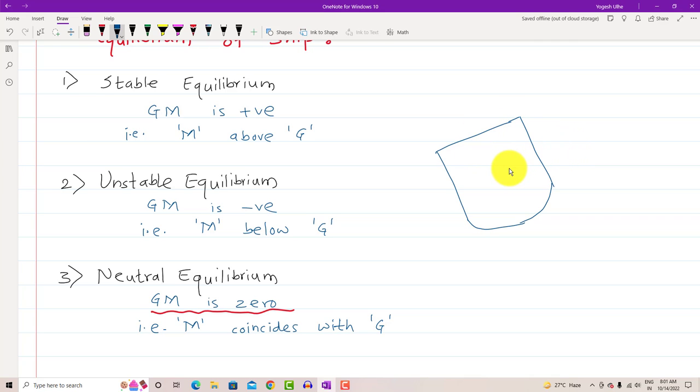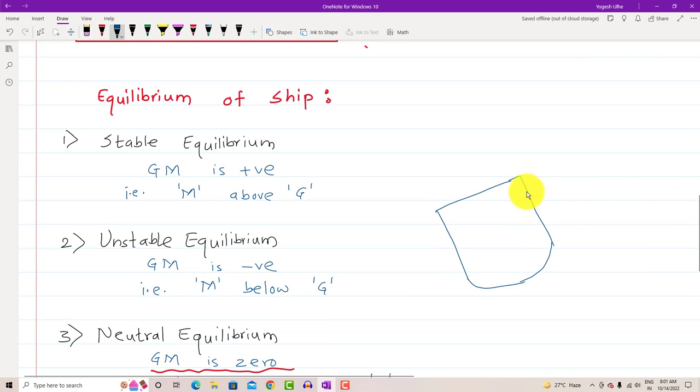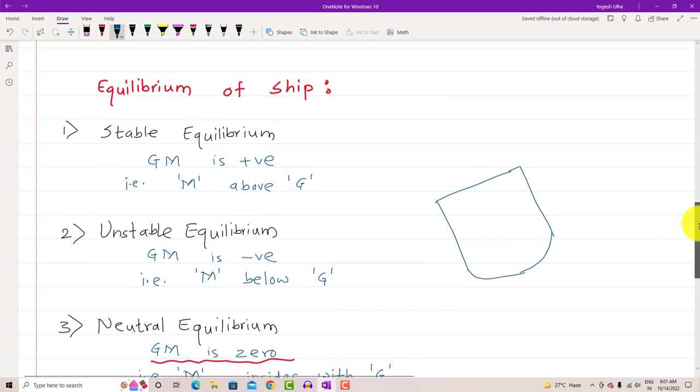It will remain in that state permanently. If the ship is in neutral equilibrium, it will not come back to upright position, and it will not capsize, but it will remain in that position forever. So that is what is meant by the equilibrium of the ship.